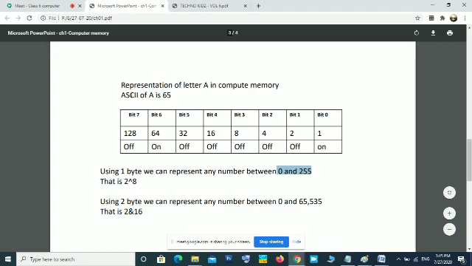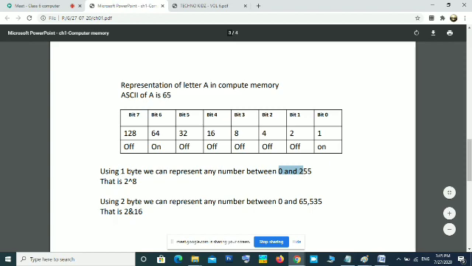This is not inside your first chapter. I am just explaining this to help you understand what memory is. After that you read the textbook, then it will be clearer for you. So using 1 byte, we can represent a number 0 to 255.